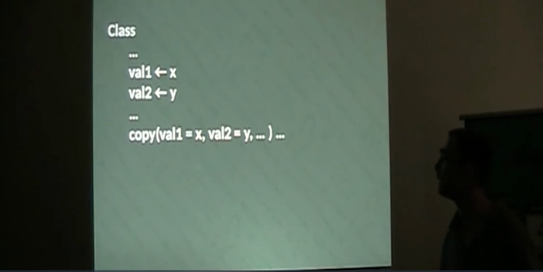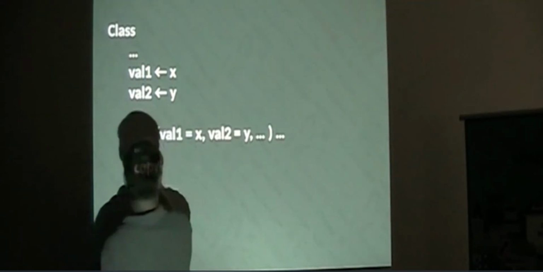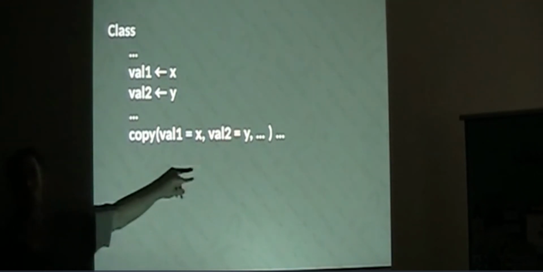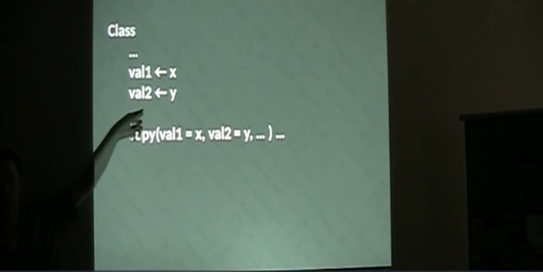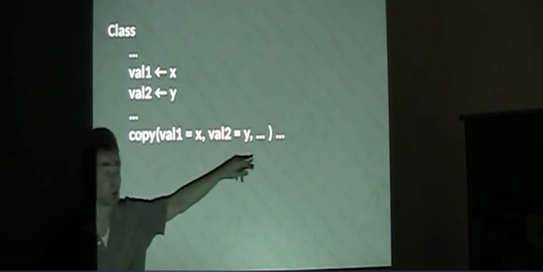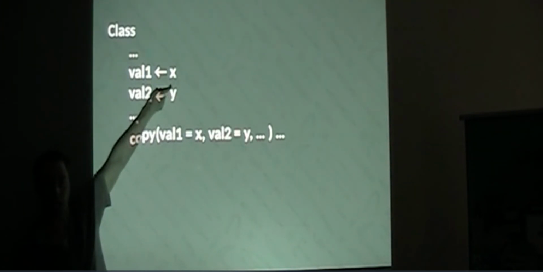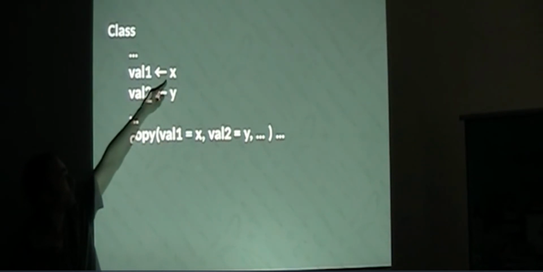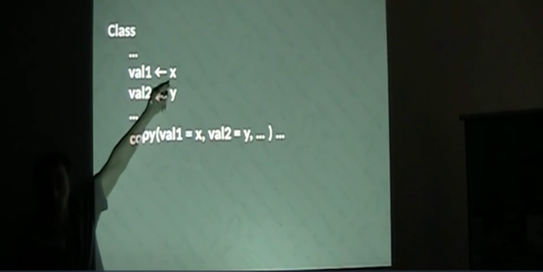If you have both those things, you can make a copy member function in which the parameters all correspond to the member values of the object, and the default values of these parameters are all assigned equal to the member values of the current object.